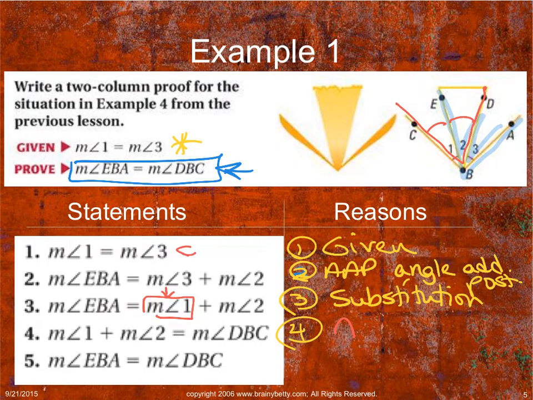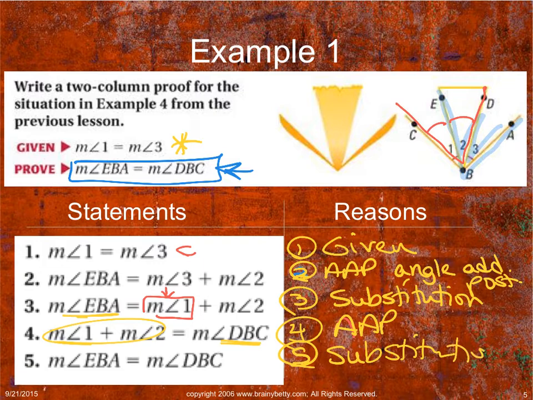And now we can do substitution, because both DBC and EBA equal 1 plus 2, so now you can say substitution. Now you wouldn't say transitive, because transitive would have needed only one piece of information. So this is substitution for the last step.